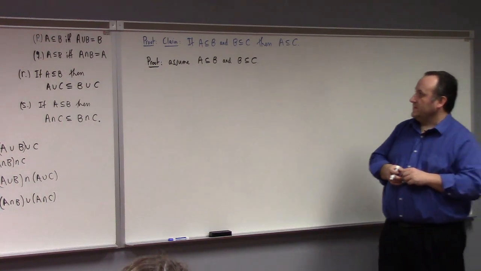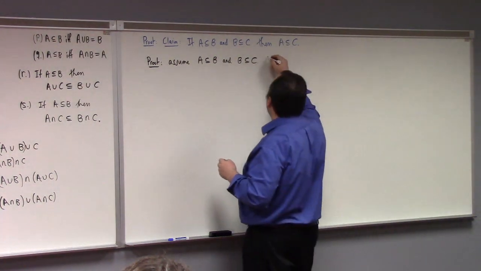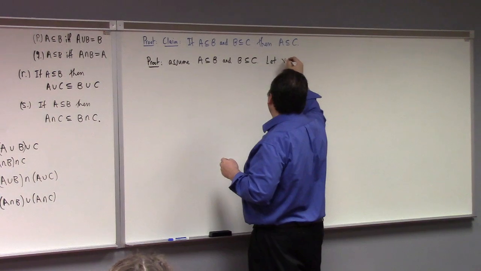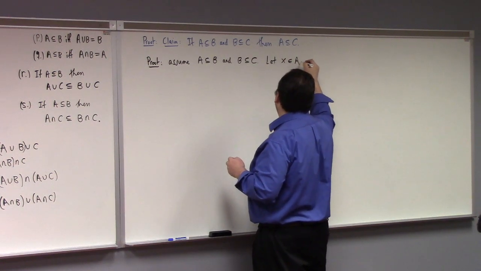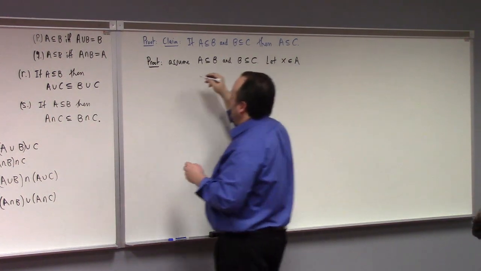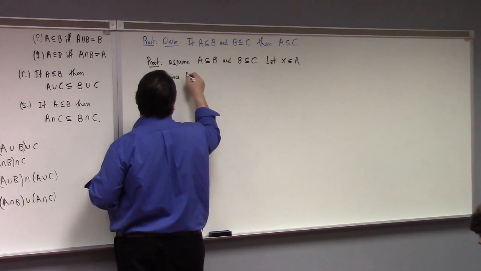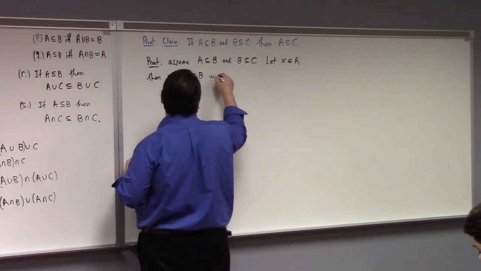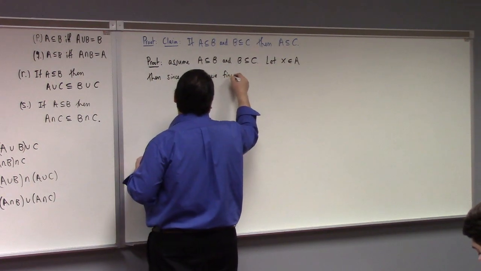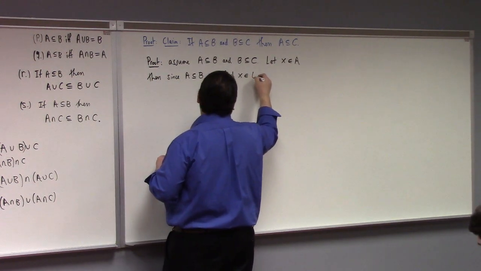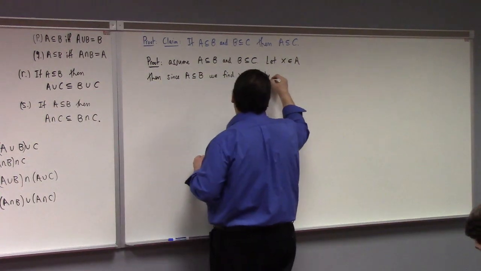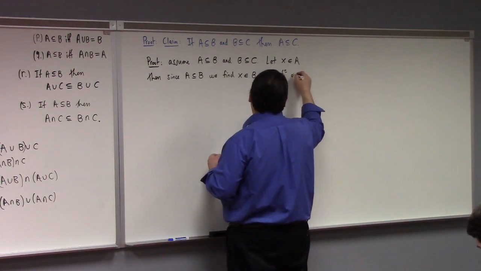All right, then what? We say let X be an element of A. Then, since A is a subset of B, we find X is an element of B by definition of subset.